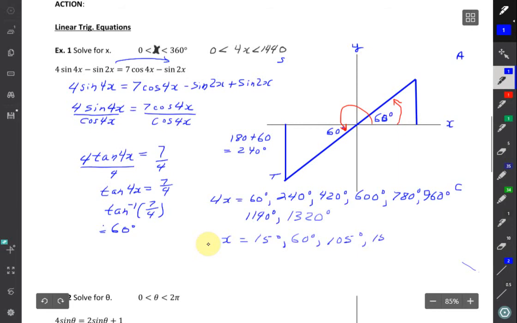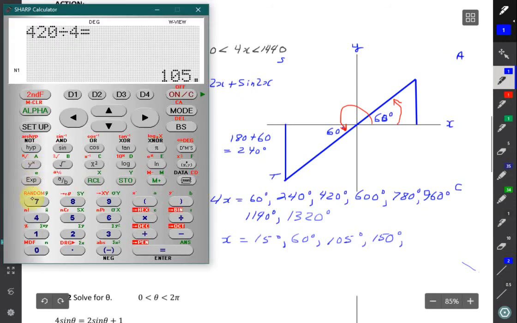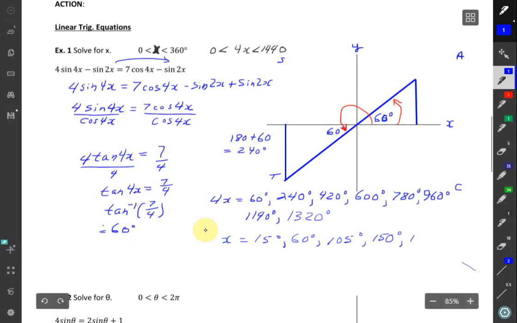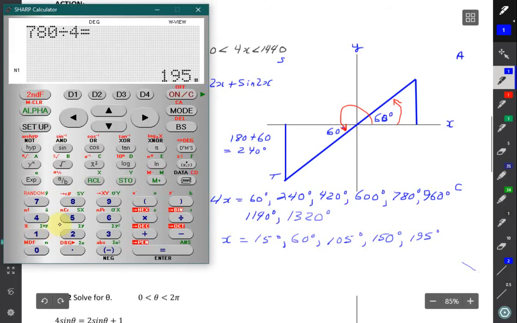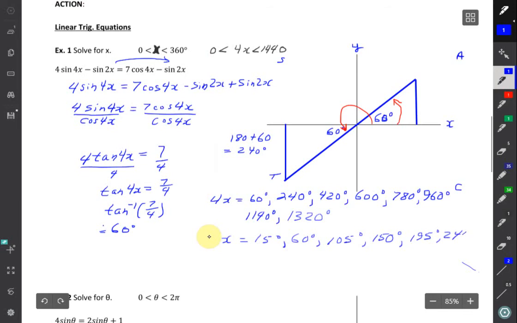Then we have 150 when we divide 600 by 4. 780 divided by 4 is 195. 960 divided by 4 is 240. 1140 divided by 4.